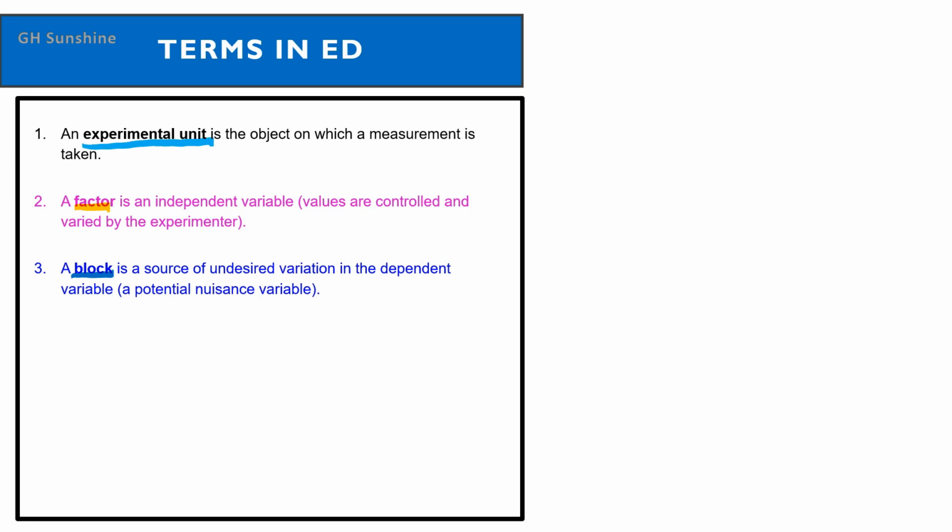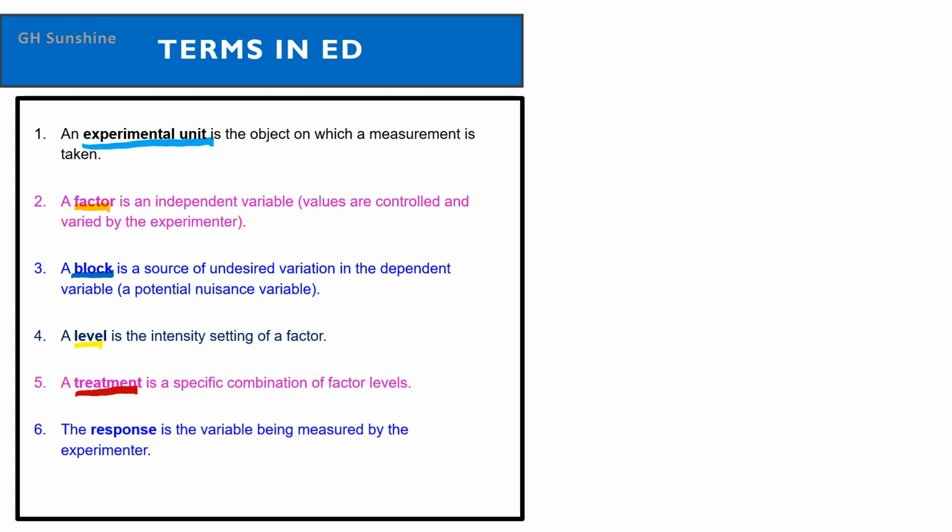This is known as a potential nuisance variable. Number 4, a level is the intensity setting of a factor. Next, a treatment is a specific combination of factor levels. And last one, the response is the variable being measured by the experimenter.